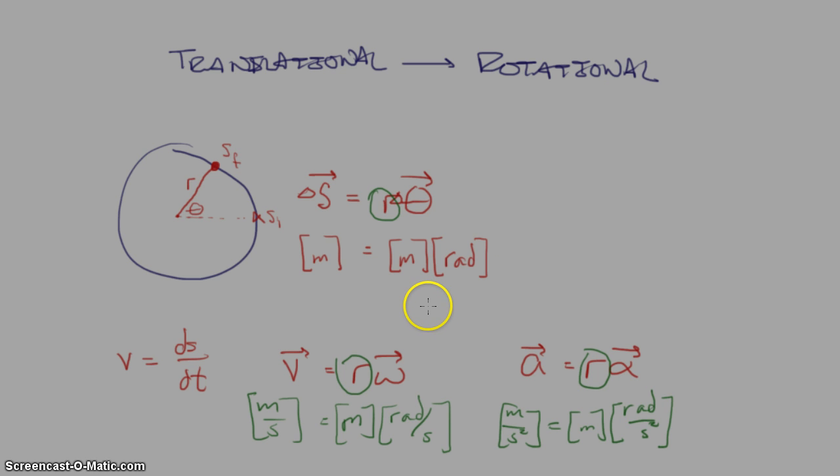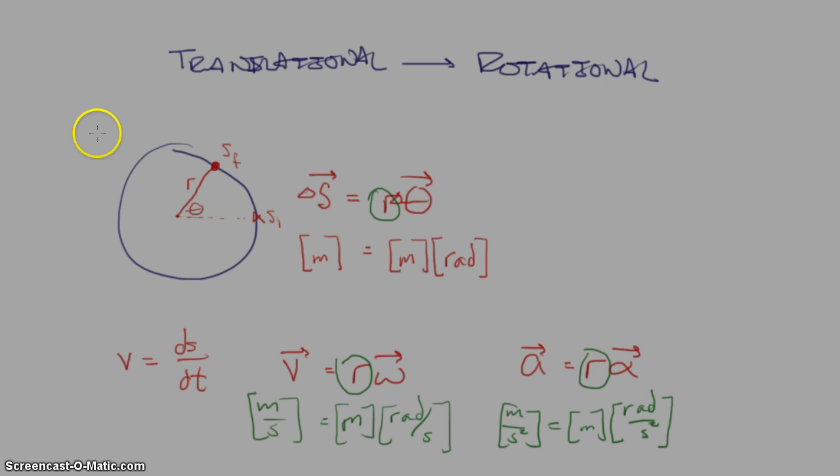The kinematics equations we just showed will work for any self-consistent set of units. So you could do rotations per minute and rotations per minute squared. As long as your entire set of units is dimensionally consistent, you'll be fine. But for translational equals R rotational, we need to be in radians.